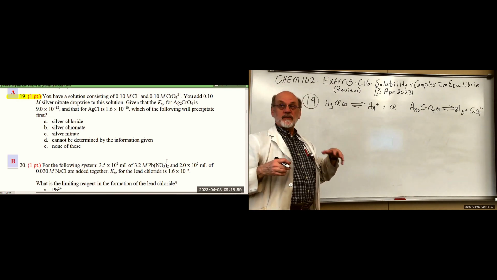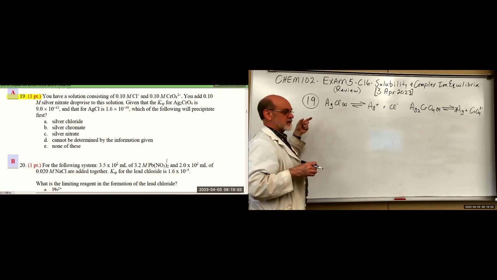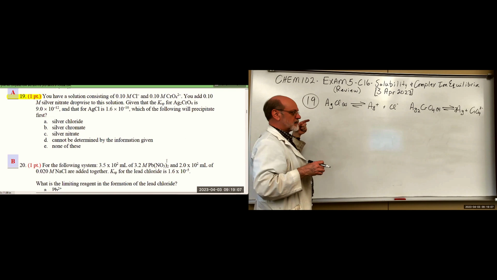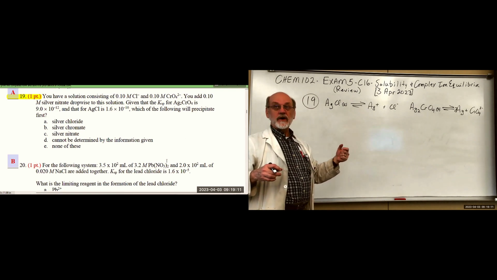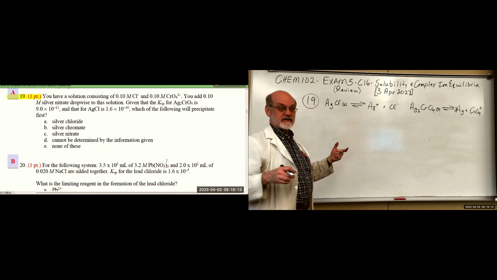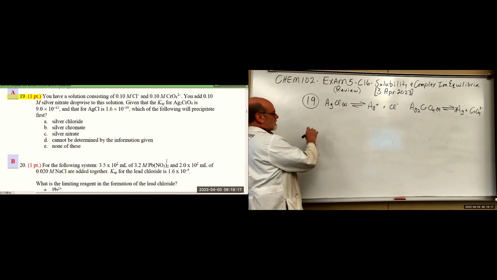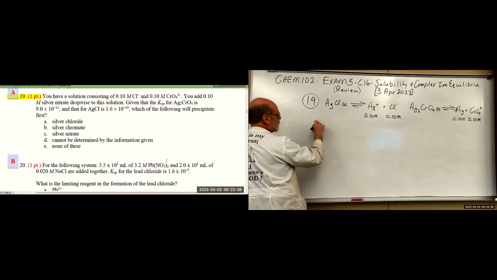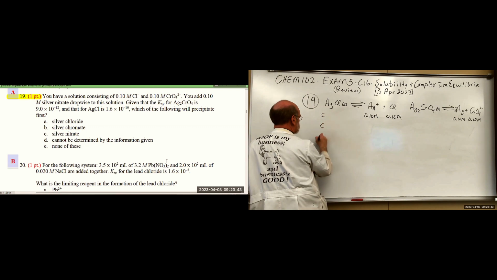So which of the following will precipitate first? The one that precipitates first is the one that is least soluble, has the least solubility. We're given the KSPs. We don't know the solubilities yet. So this is ICE.